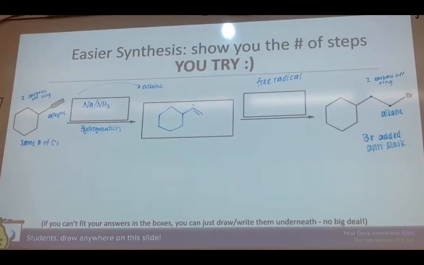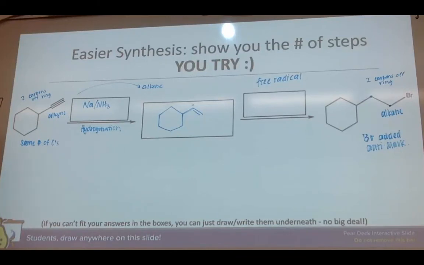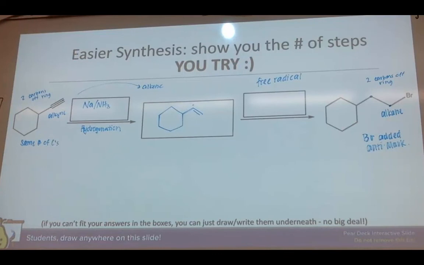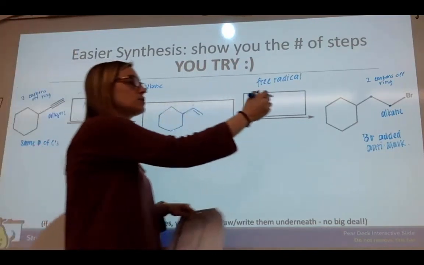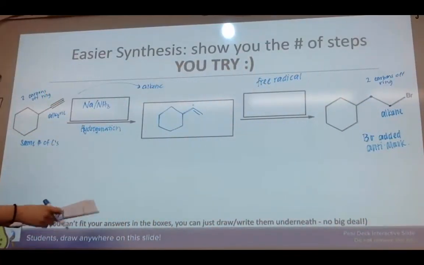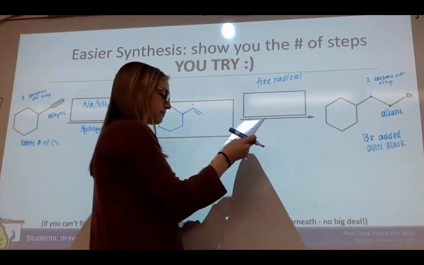Just to save time, I'll just go with the reactants and the products, but this is where you have one electron from the double bond combining with the one electron from the radical bromine. It adds anti-Markovnikov. And then you have the single electron on the carbon, adds to another HBr.